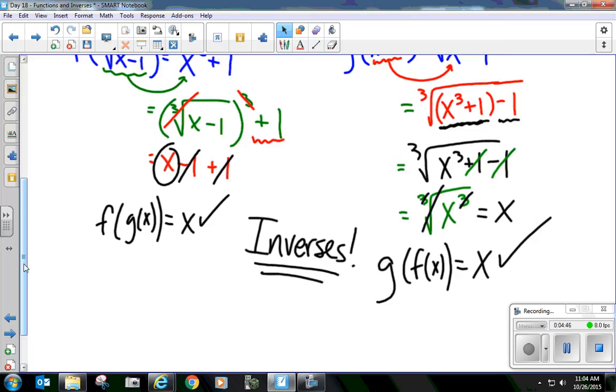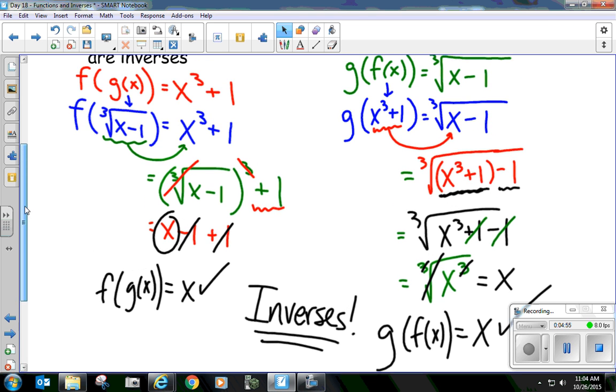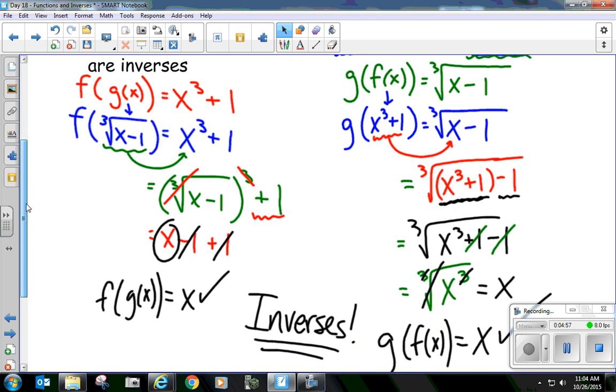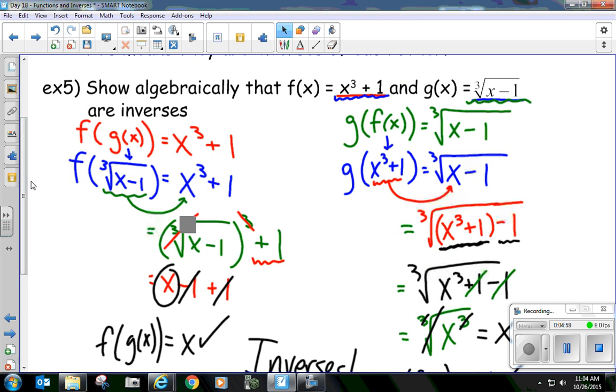What that means is that if I were to take the inverse of one of these functions, it would end up equaling the other function. All right? Now, some people say, oh, listen, do I really got to memorize that? What if I just switch x and y and solve for y for both of them and they end up being the same thing? Each other. That's fine.